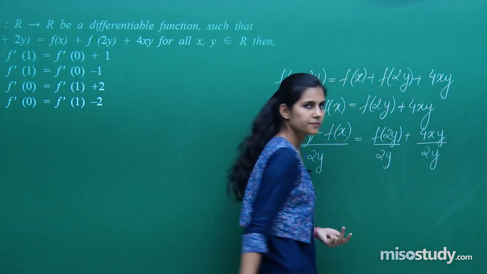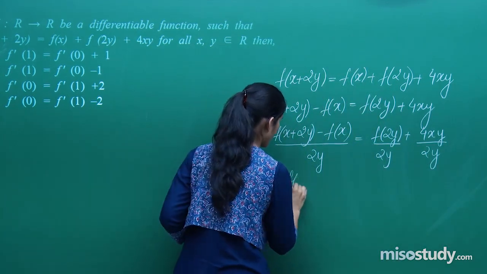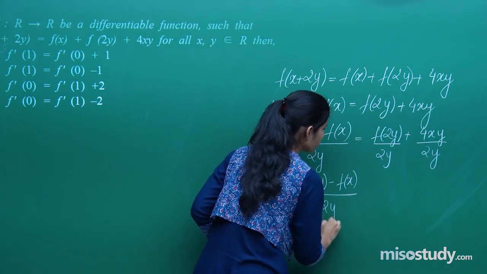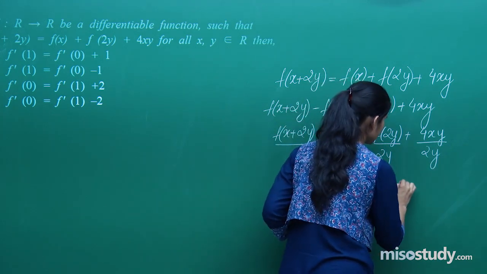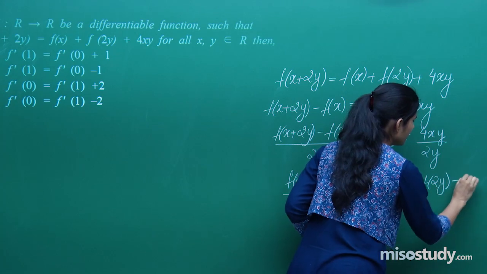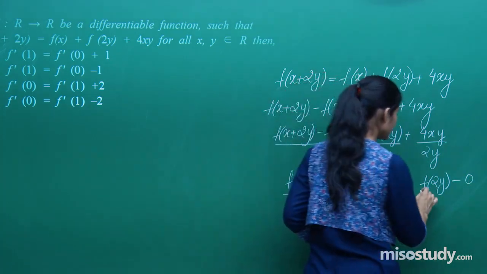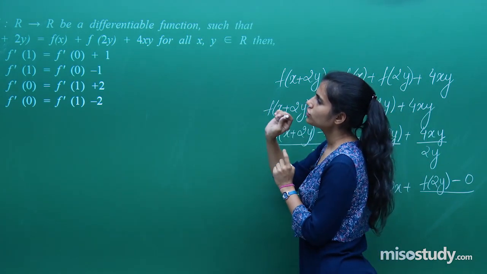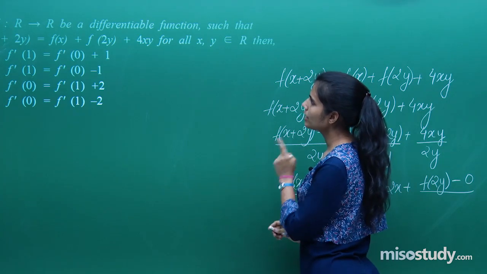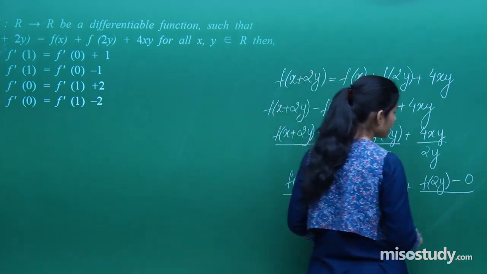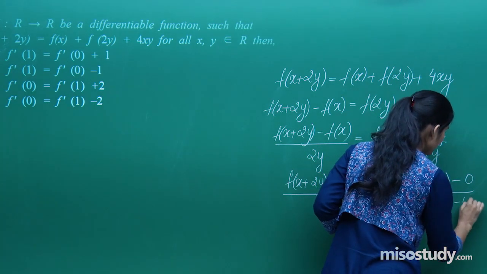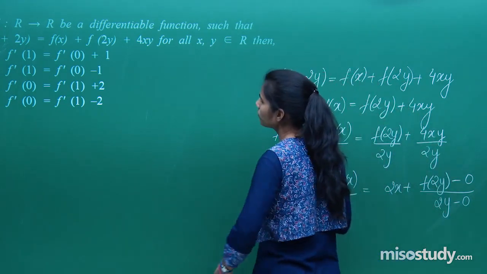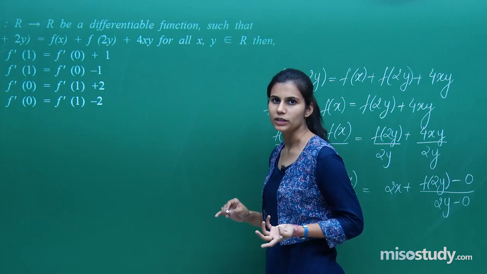So this gives you f of x plus 2y minus fx whole upon 2y equals 2x plus f of 2y minus 0, I can write. Why? Because what is basically given is f of x plus 2y equals fx plus f of 2y plus 4xy. I can write it as f of 2y minus 0 upon 2y minus 0, right? What I'm trying to say is, if you put x and y both to be 0, you basically get the answer to be equal to 0 itself.